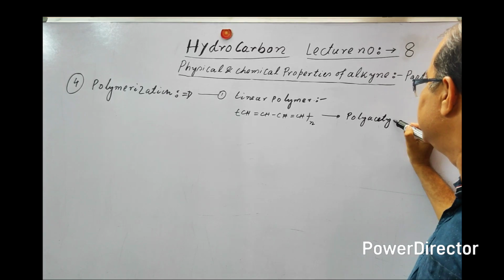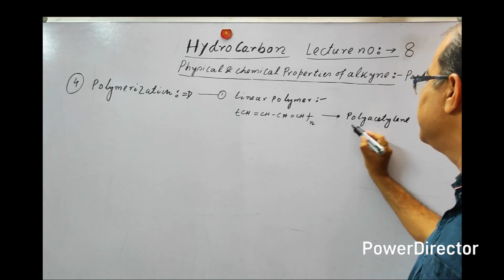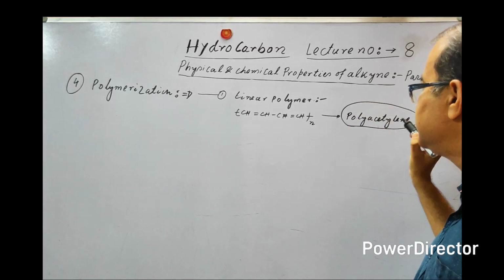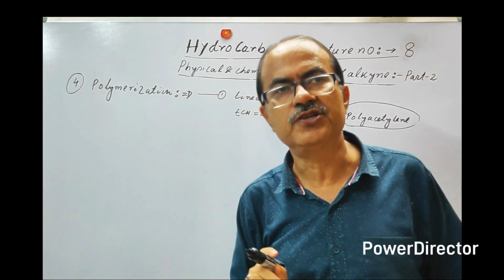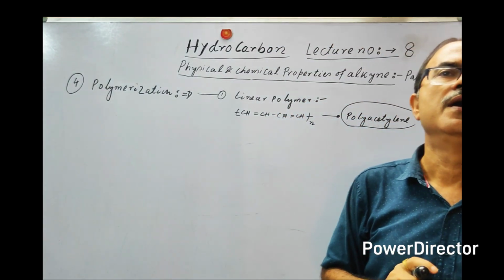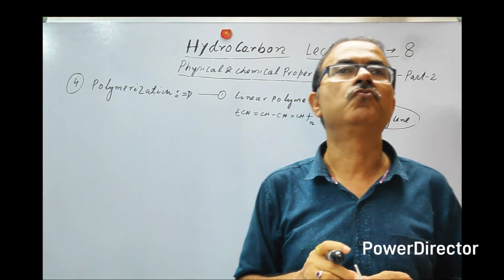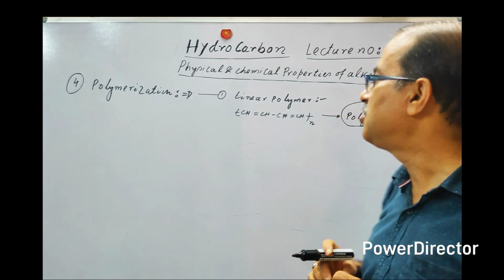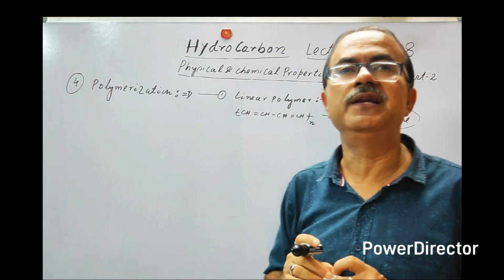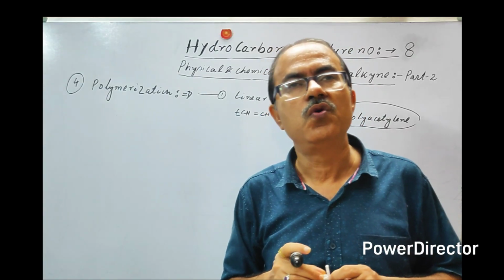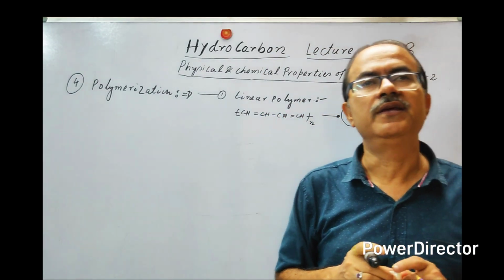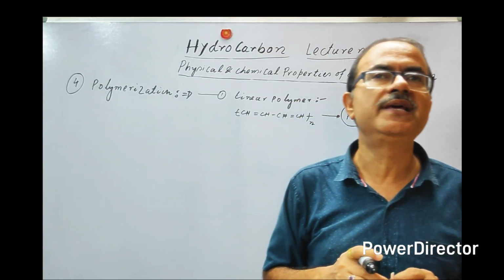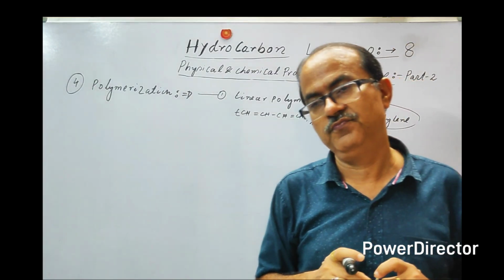Polyacetylene has a very unique application because this polymer is going to conduct electricity because of the presence of these pi electrons. So under pressure conditions, you can use it as an electrode also.